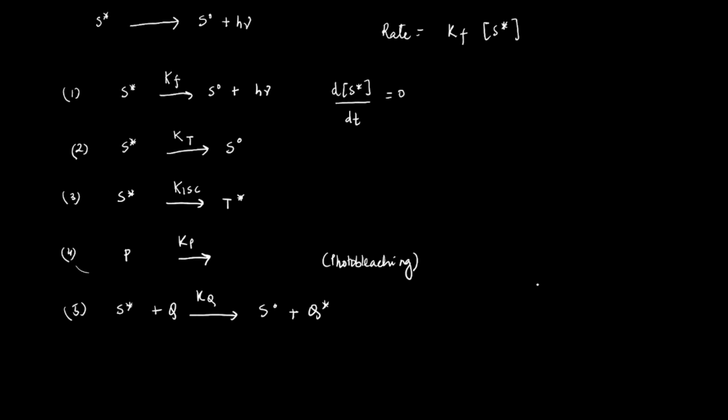So for the very first process, we need to figure out the steady state approximation. But before this process occurs, the particle will go from the ground state. It will absorb some energy, and only then will it move to the excited state.